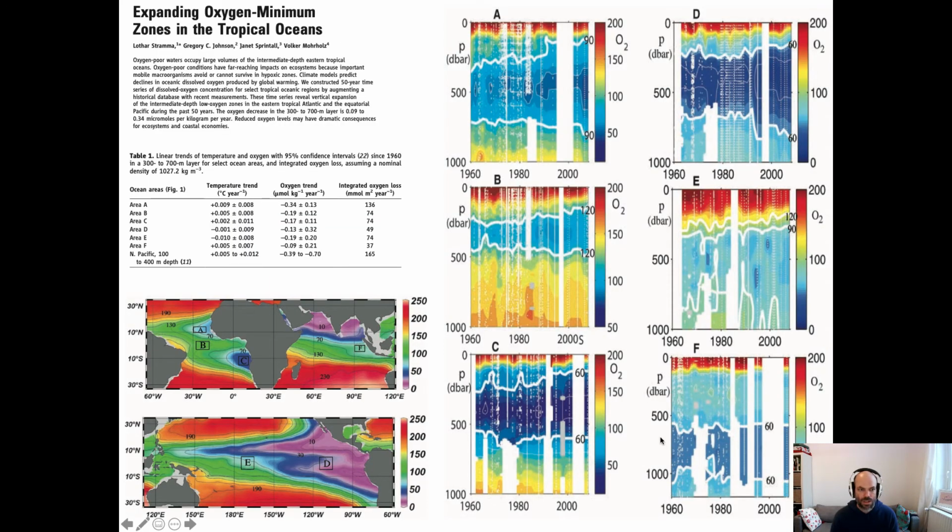So just a little bit on whether humans are causing these oxygen deficient zones to grow. Here is mostly a modeling study, I believe, using some real data and doing some simulations in these different zones of the ocean. So these 6 different panels are showing 6 different locations in the ocean here.